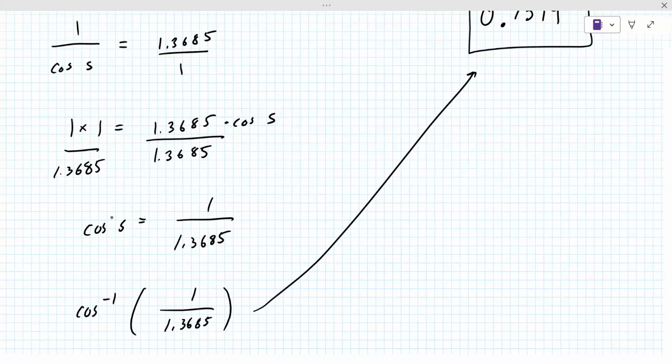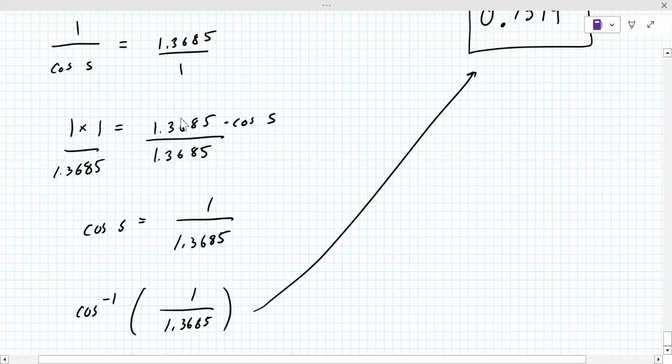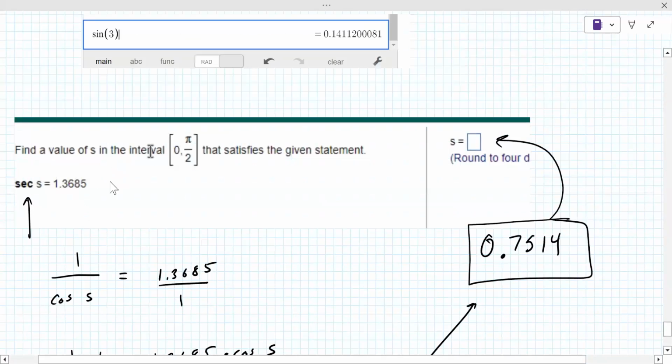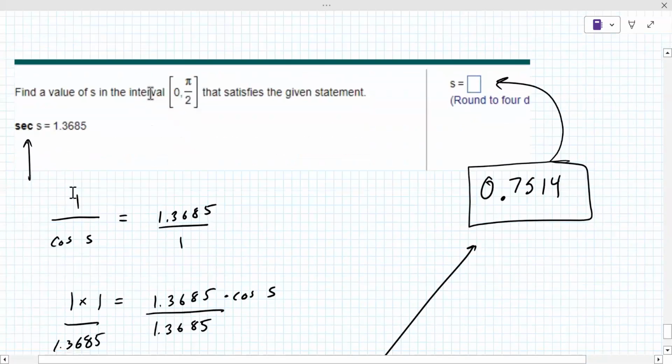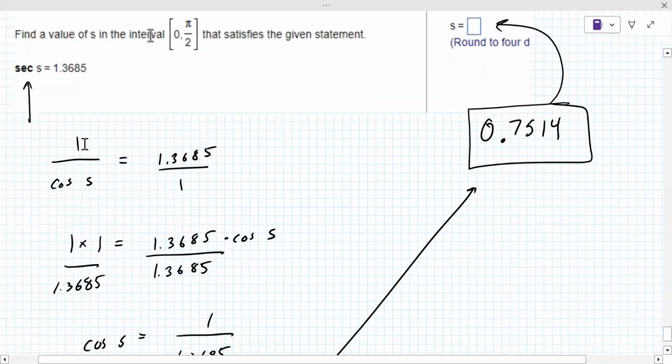Wait, where did the 1.3685 come from? That's given, but you've got to write secant as 1 over cosine. And then you just rearrange the equation. You've seen that in other classes, so I just did the cross multiplying approach.